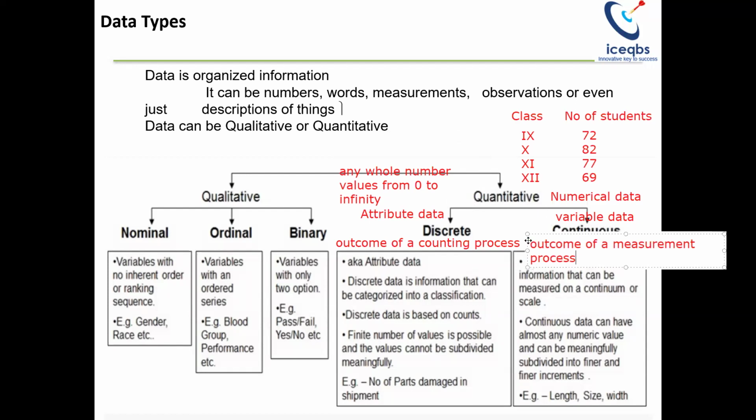Whenever you are measuring, for example, some dimensions, temperature, pressure, time, viscosity, velocity, hardness, inductance, resistance, etc., whenever we are measuring something and noting down the value, we call that continuous data. It is the outcome of a measurement process.